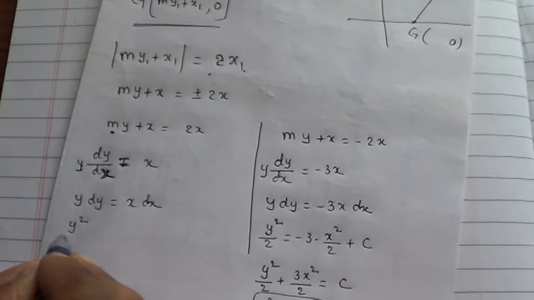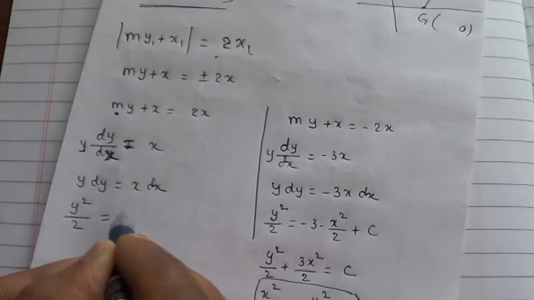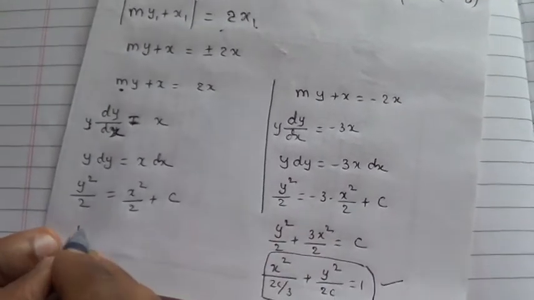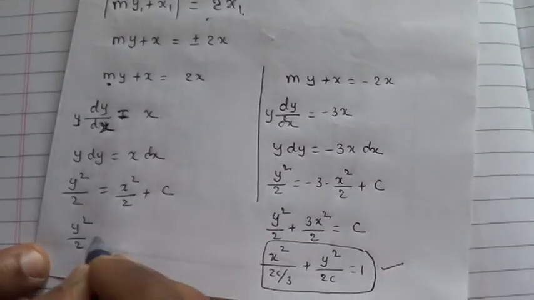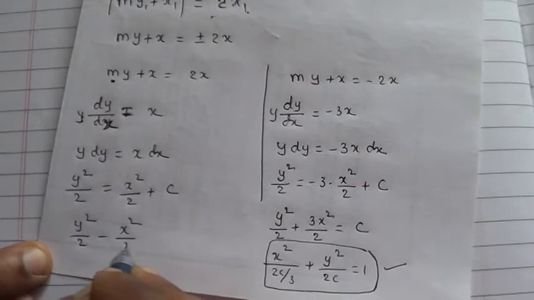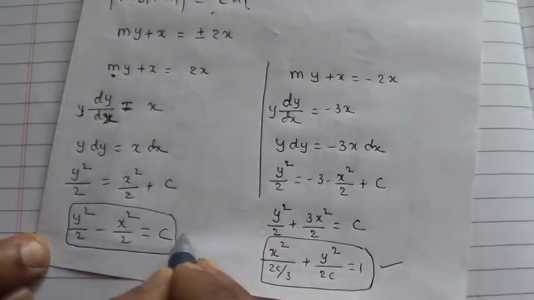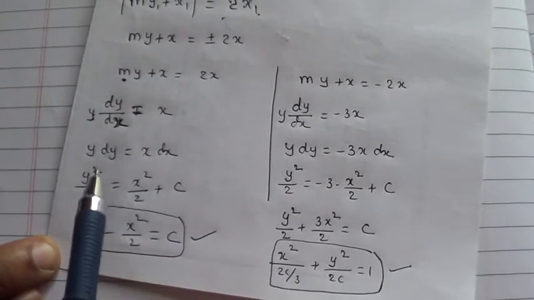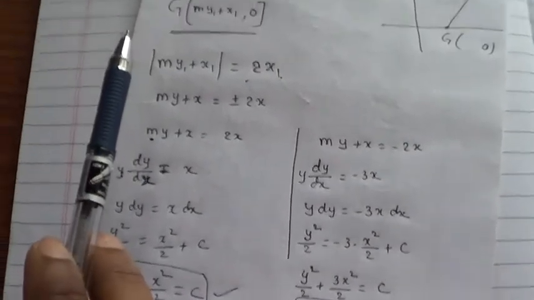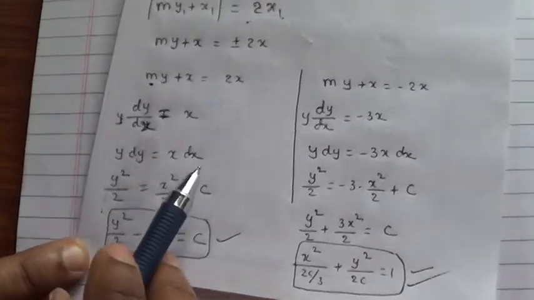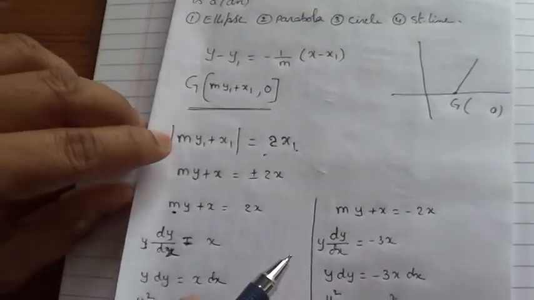Y integration is y square by 2 is equal to, x integration is x square by 2 plus c. Now we are getting y square by 2 minus x square by 2 is equal to constant. This equation represents a rectangular hyperbola, but in the options you can observe ellipse is there. That's why hyperbola is not there. So that is about question number 13. Next we are going for another question.